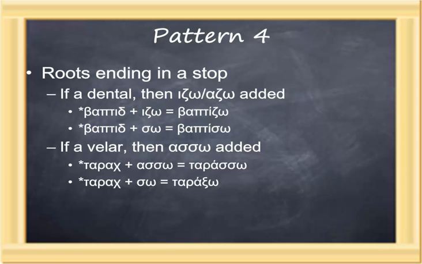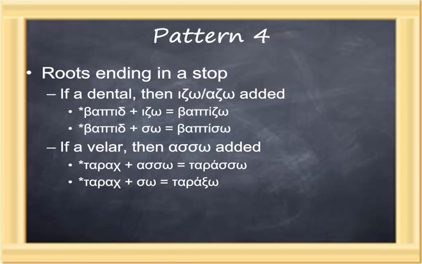First of all, if a root ends in a stop, and if that stop is a dental, then Greek will sometimes add izo or azo to the root to form the present stem. The word for baptism, the verb, the present form is baptizo, and the future form is baptizo.